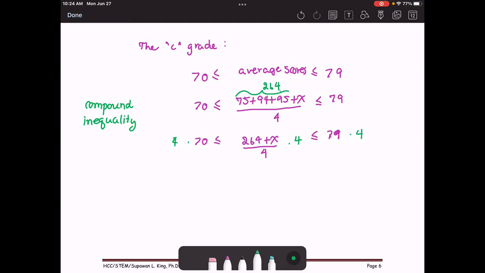On the left-hand side, we get 280, less than or equal to 264 plus x, less than or equal to 79 times 4, which equals 316. Next step, we subtract 264 from all three parts.